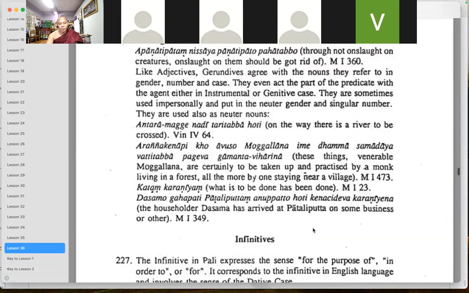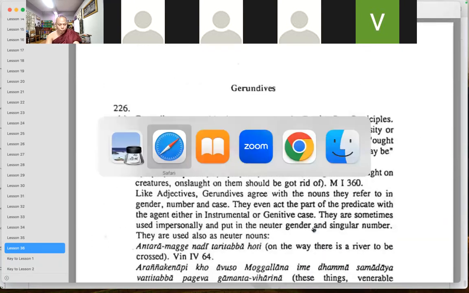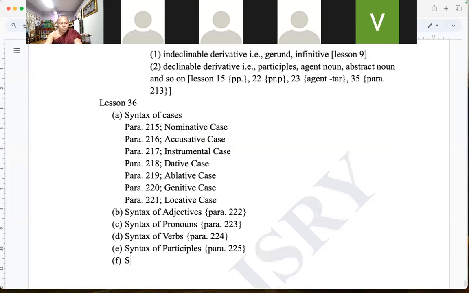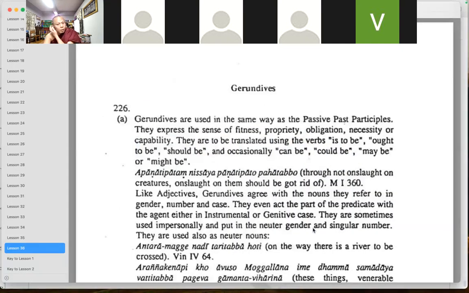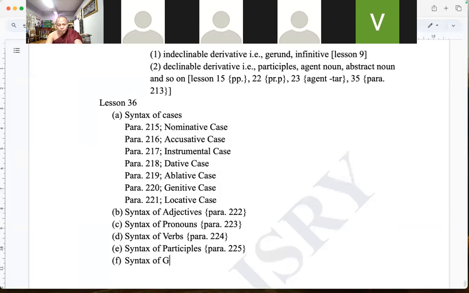Gerundive is actually the future passive participle, also called that. Yes, the passive past participle or future passive participle we should call gerundives.